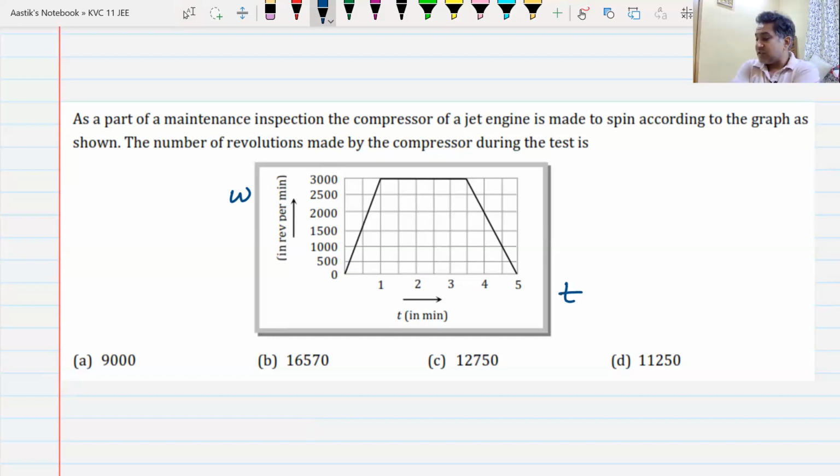Do we understand this? Remember, area under velocity time graph gives us displacement. So area under omega time graph will give us angular displacement. Do we understand this? Don't worry, in the next class we will write all these things down. Right now, just do this question. I hope you can do this question. Yes or no?